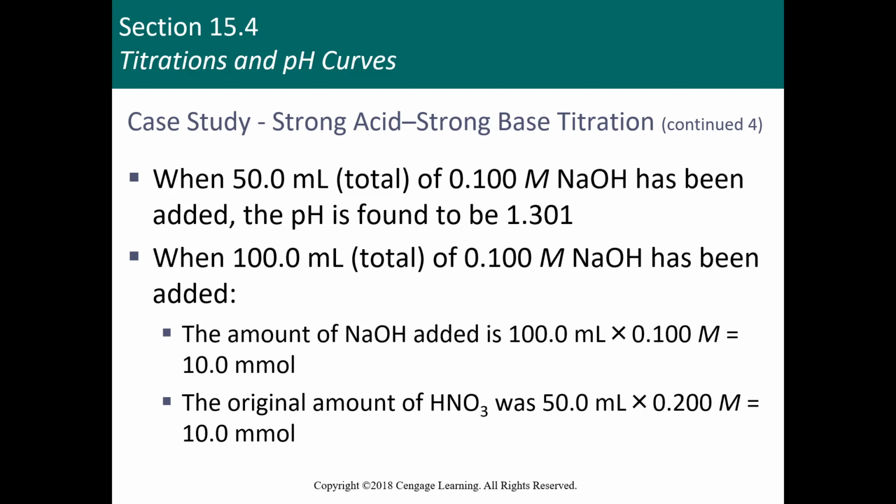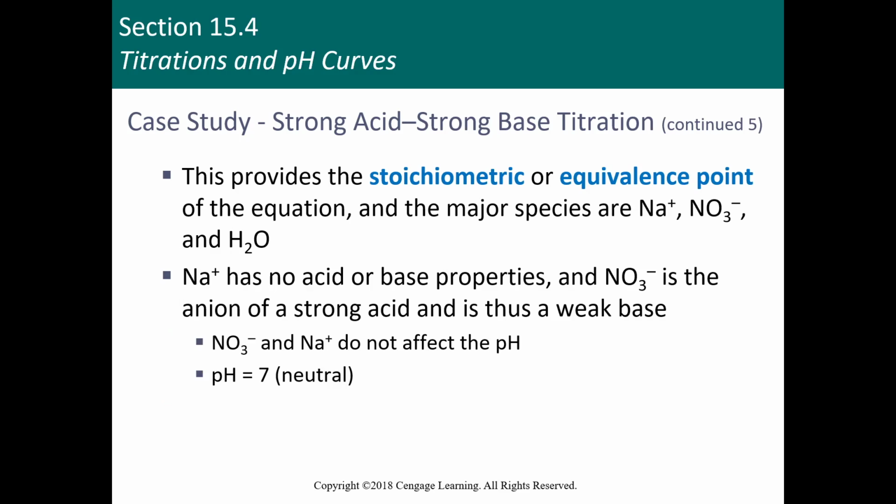So when we finally add 100 milliliters of the 0.1 molarity NaOH, the amount of NaOH we've added will now be equal to the amount of nitric acid we had. And so these will actually fully neutralize. This will give us the stoichiometric or equivalence point of our equation.